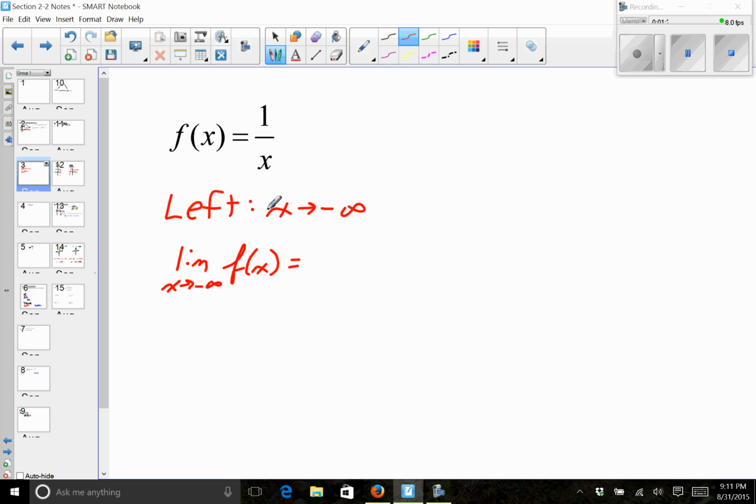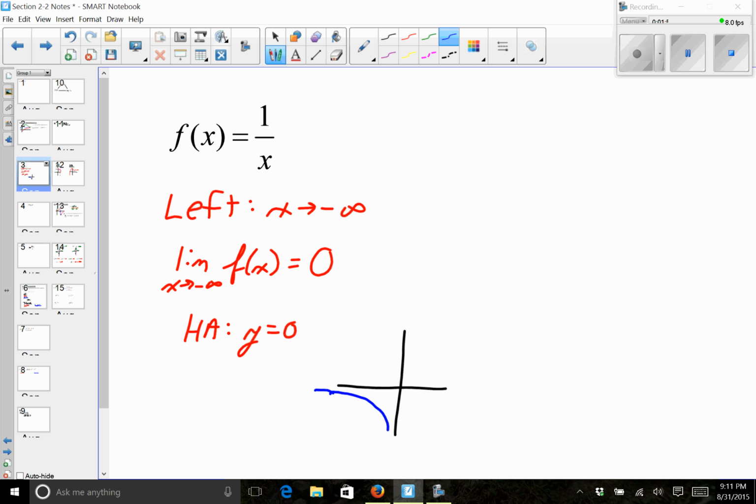I get numbers that are always negative, but they're getting closer and closer to 0. And so the limit is going to be 0. That means I have a horizontal asymptote at y equals 0 as I go towards the left. So in terms of my function's graph, as I'm going to the left, it has to be negative, but getting closer and closer to 0.